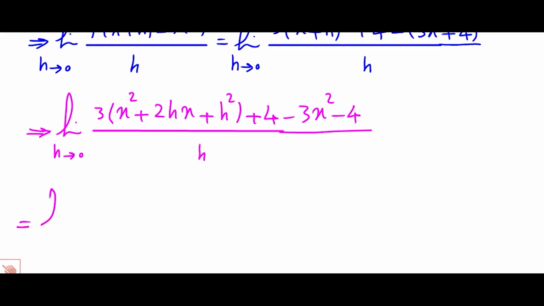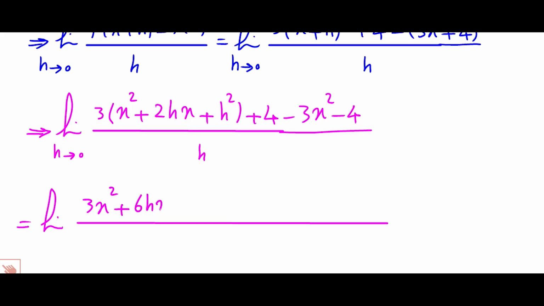So expanding, this is 3x squared plus 6hx plus 3h squared plus 4 minus 3x squared minus 4. So 3x squared plus 4 minus 3x squared minus 4 cancels, over h as h approaches 0.